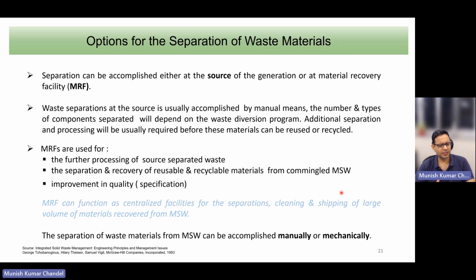So these MRFs can be used to separate these materials into the different kinds of material we were discussing, and also improve the quality of the separation. For example, there already is a dry and wet waste separation, but you want to further improve the quality of the separation. You can use those methods or different separation methods at the MRF.